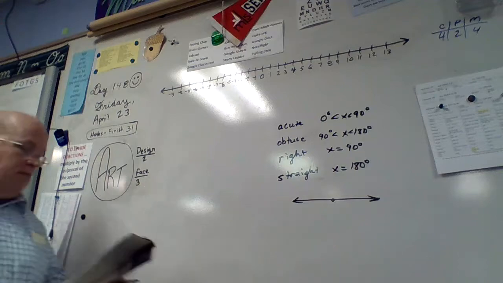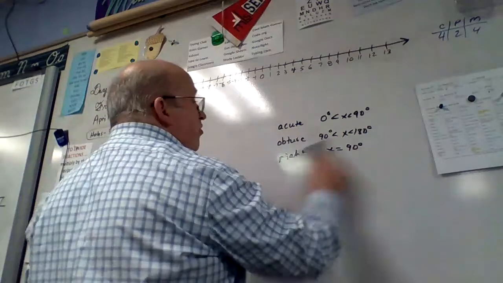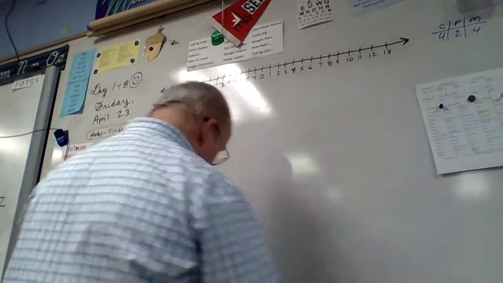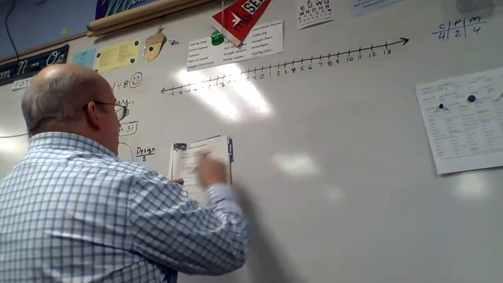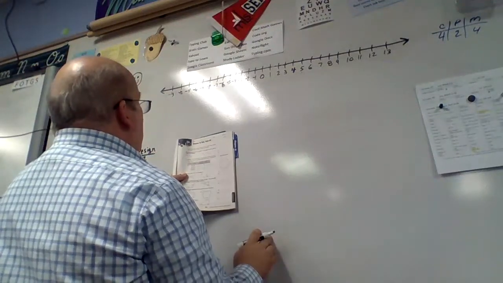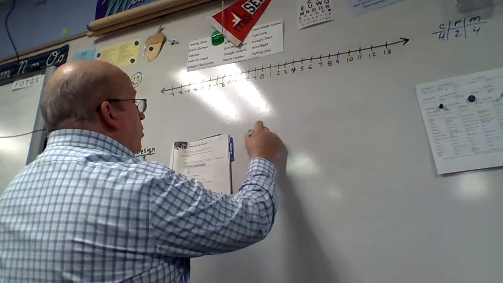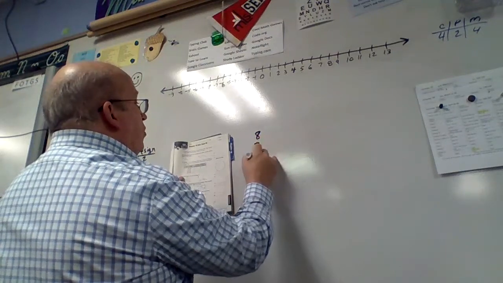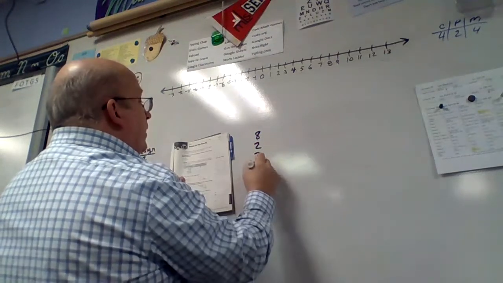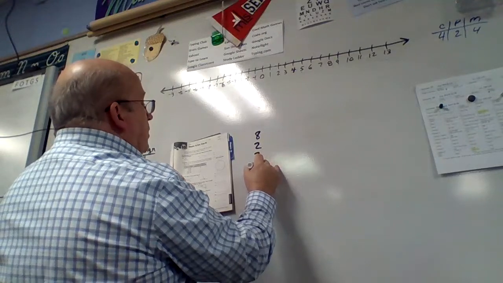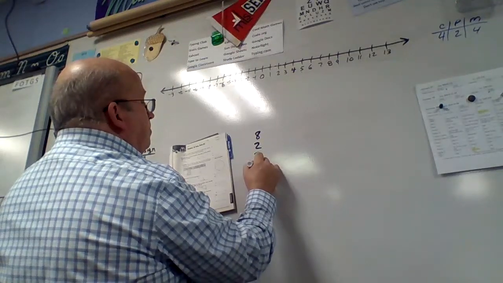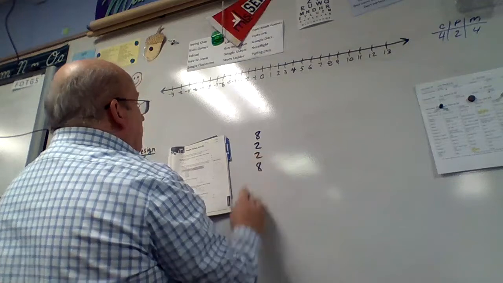What about number 4? I'm going to do one similar to number 4. I'm not going to do the exact version of number 4. Instead of 6, 1, 1, and 4, I'm going to put 8, 2, 2, and how about 8 again? Why not?